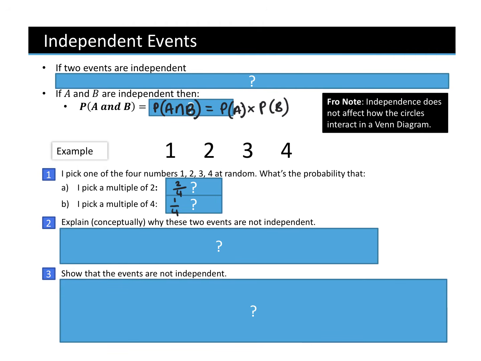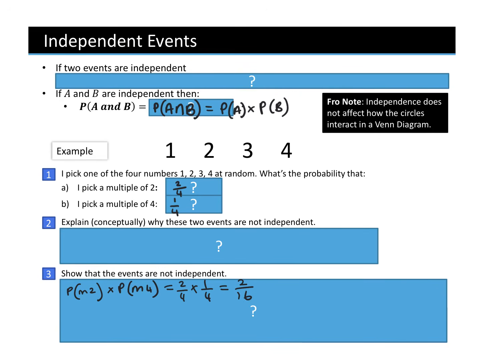So, for example, the probability of a multiple of 2, I'm going to put M2, is everyone happy with that? Times the probability of a multiple of 4. This is 2 over 4 times 1 over 4, which is 2 over 16. We could simplify this to 1 over 8.